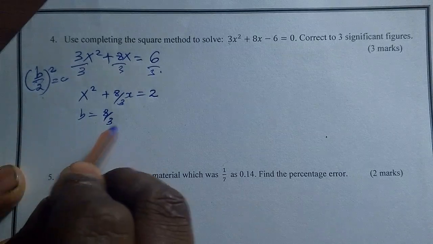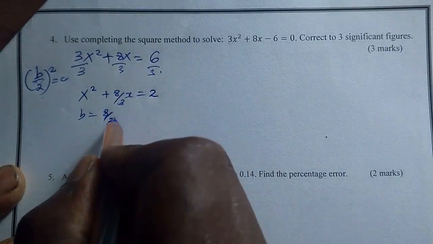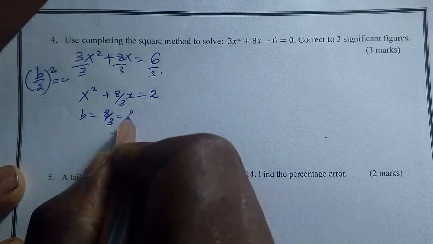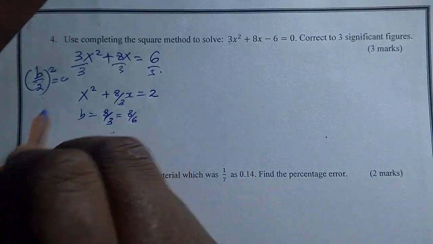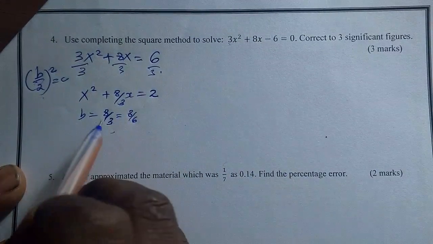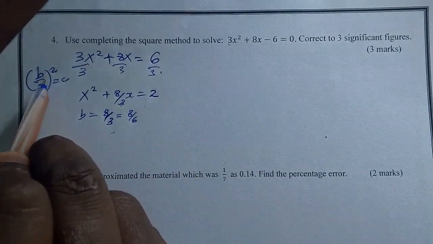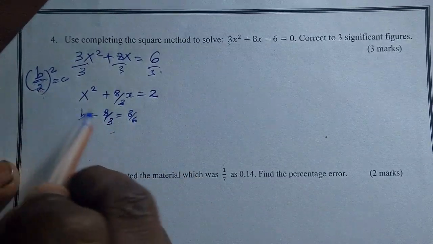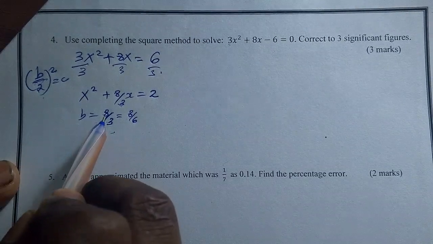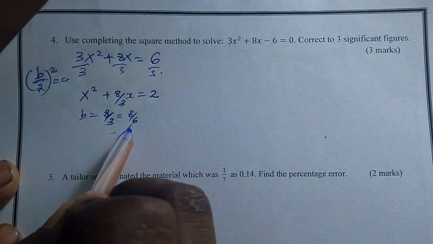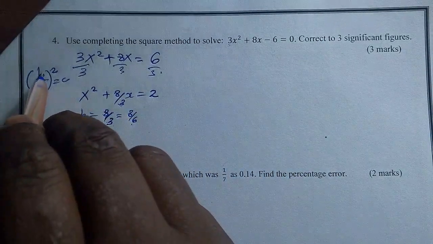So if we divide this by 2, we are going to get 8 over 6. You see that? 8 over 3 is b, but b is divided by 2. So 8 over 3 divided by 2, we get 8 over 6. So that is our b over 2.